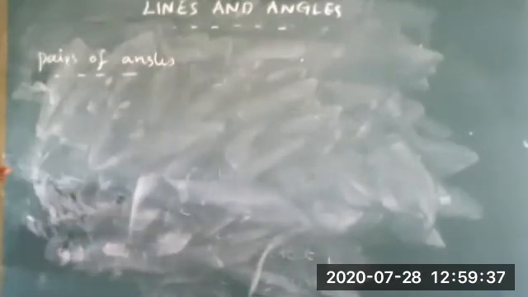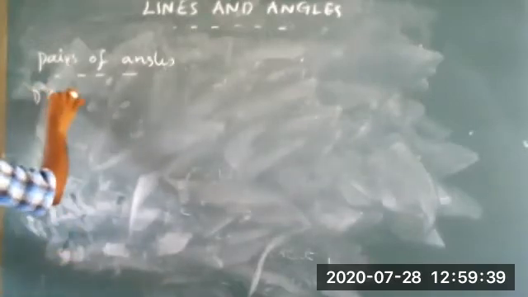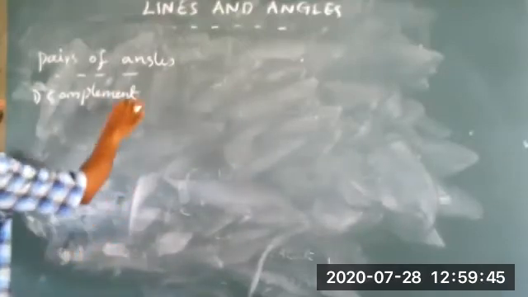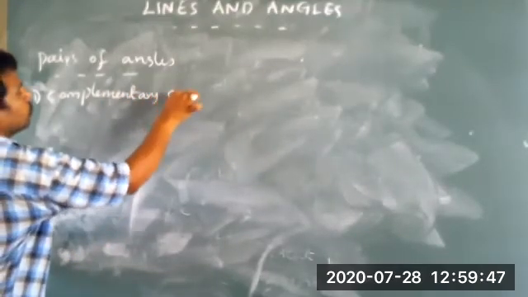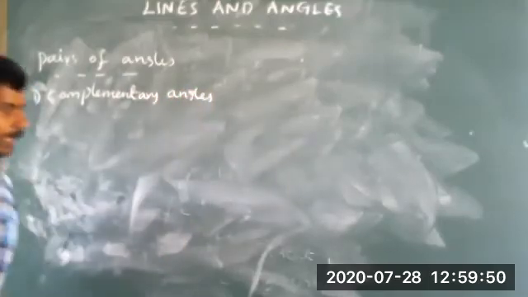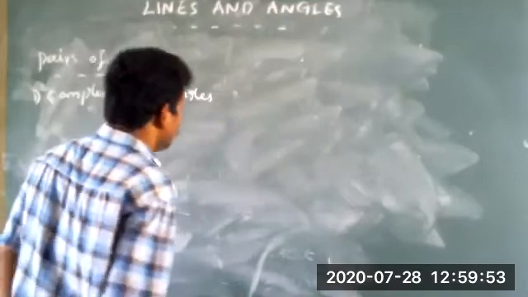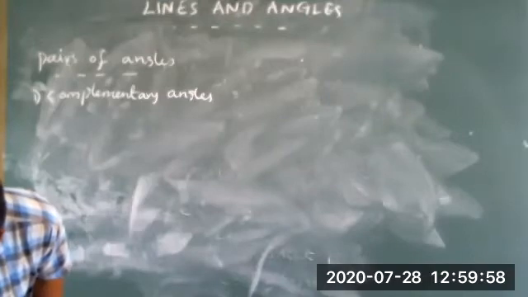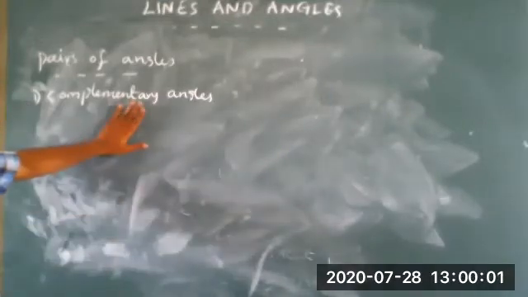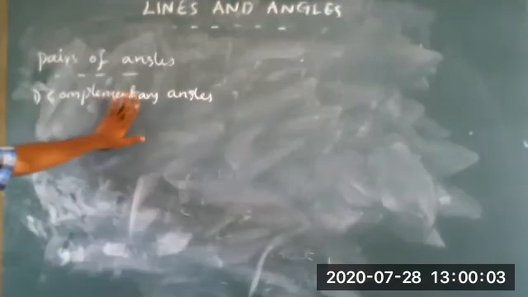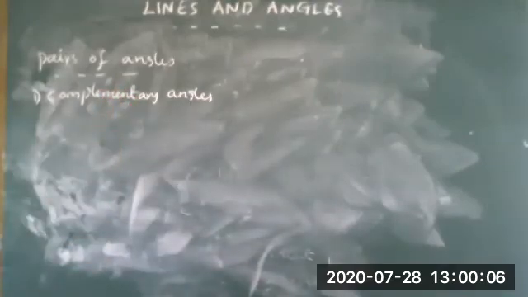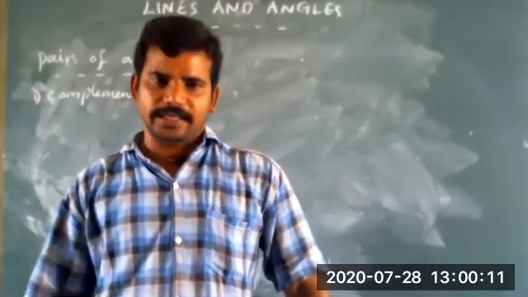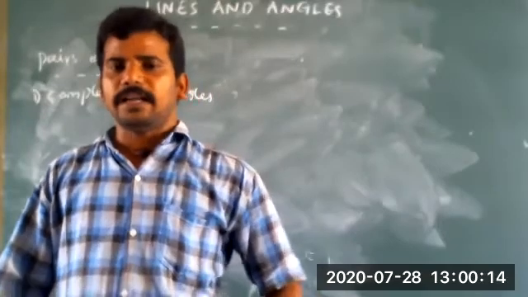The first one is complementary angles, and the second one is supplementary angles. First take complementary angles. What are complementary angles? When the sum of two angles is equal to 90 degrees, it is called complementary angles.